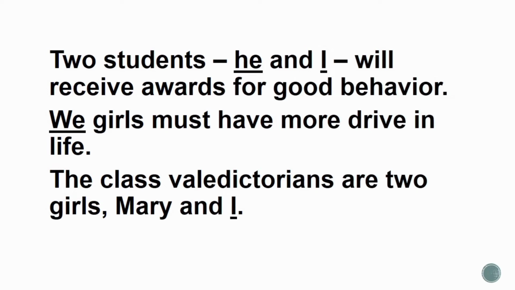I am a class valedictorian, and again, still grammatically correct. That's kind of just my way of making sure that I get the right case of the pronoun, is like I switch that. So that's for the nominative case.